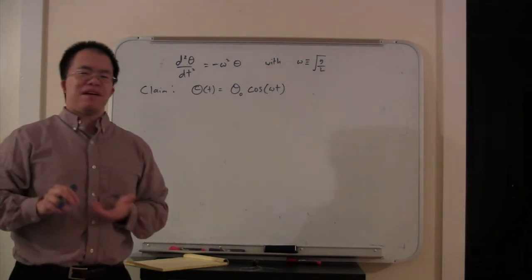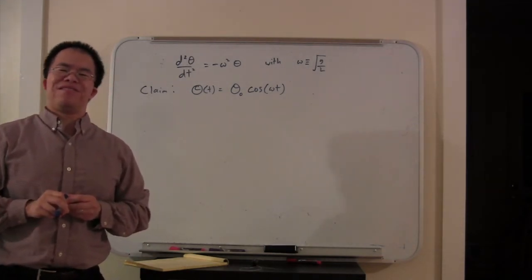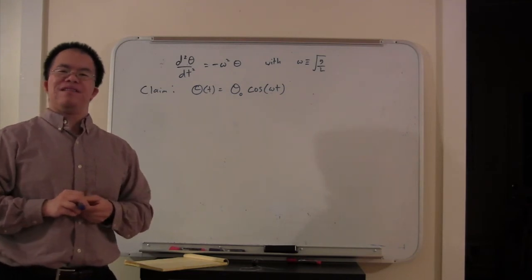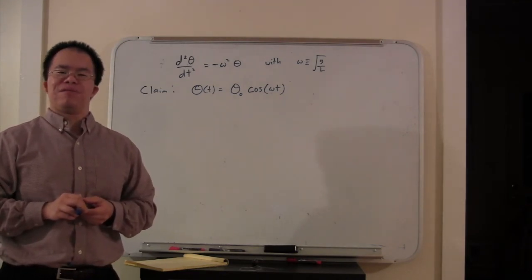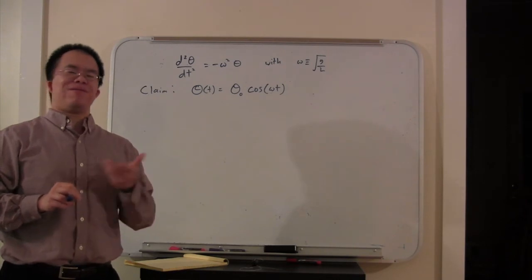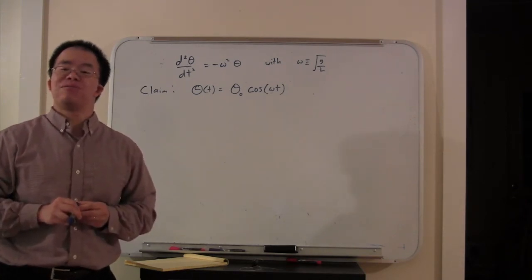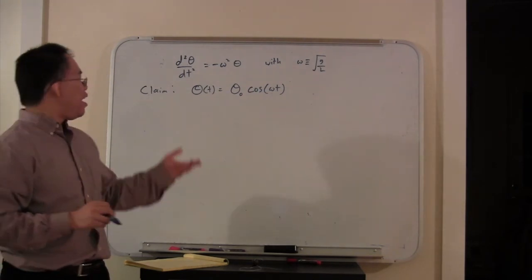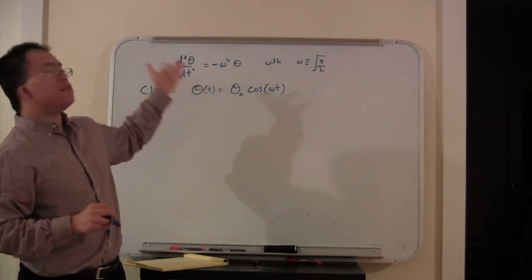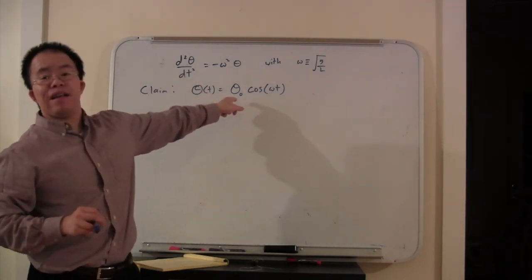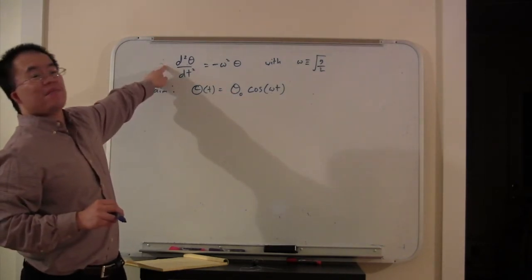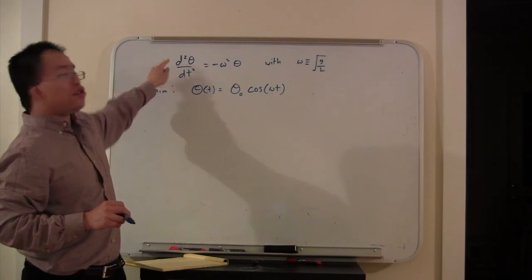Now, this seems like I'm just pulling something out of thin air. It is a pretty common thing in differential equations to postulate or guess that there might be a certain solution. We do know that pendulums oscillate, but then we just need to prove that this claimed solution really does satisfy this differential equation.